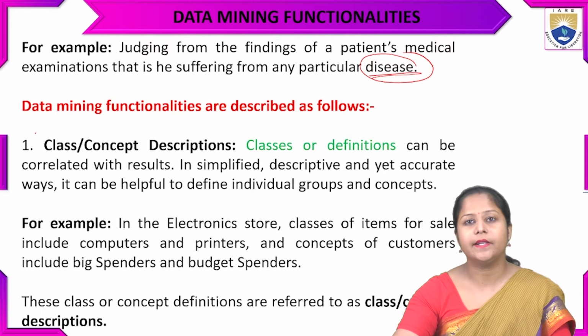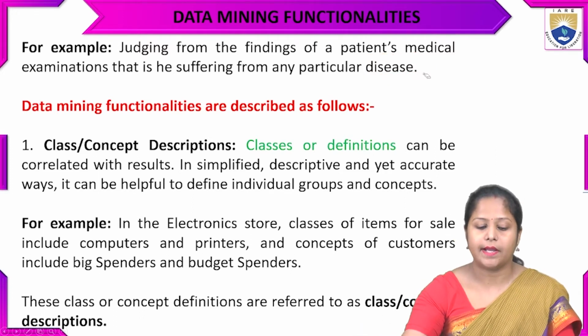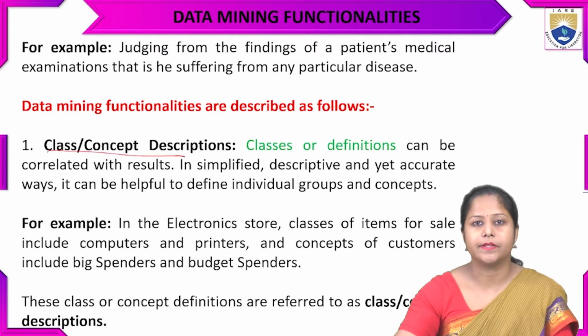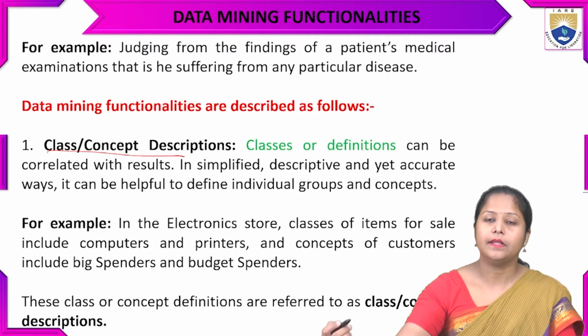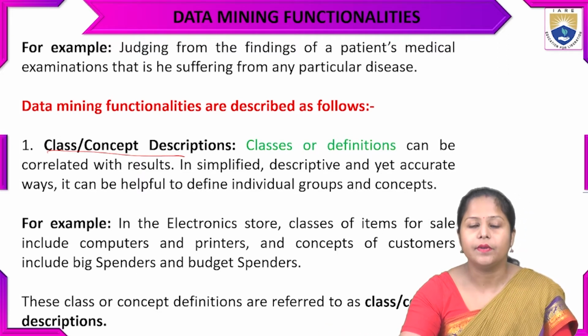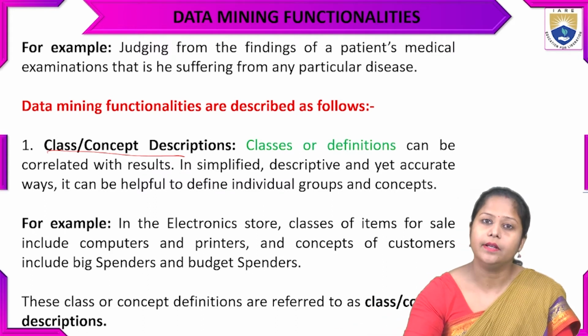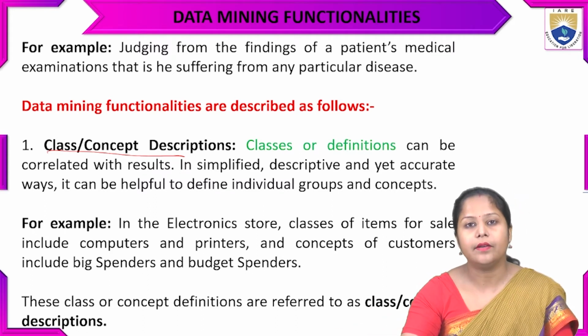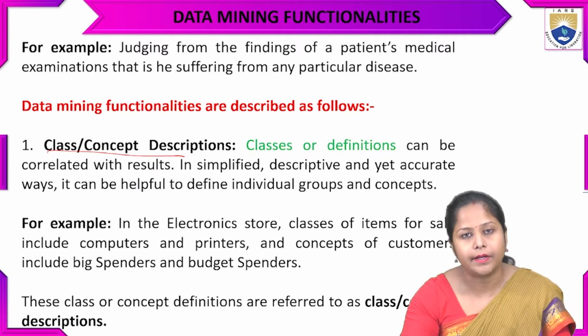Data mining functionality is described as follows. The first is class and concept description. In class and concept description, we are using the classes and the definitions, so that they can be correlated with the results. That means it will be dependent on another attribute.